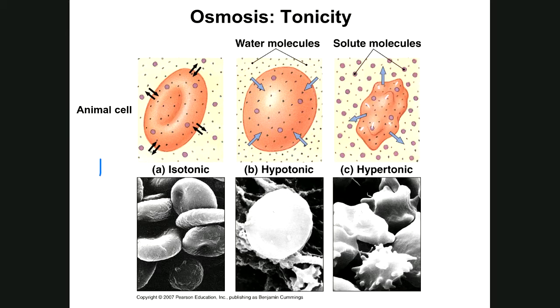And depending on whether the ECF is behaving as isotonic, hypotonic, or hypertonic, that in turn will cause the net movement of water if the solute concentration between the ECF and ICF is drastic enough. So you could say we're talking about the water balance of a cell.